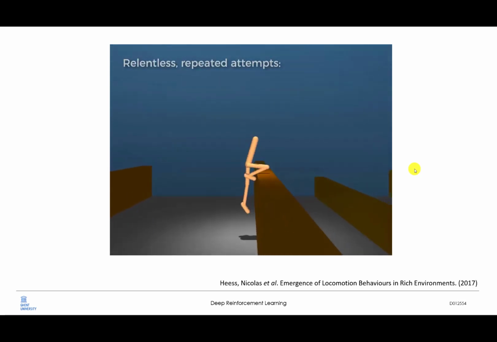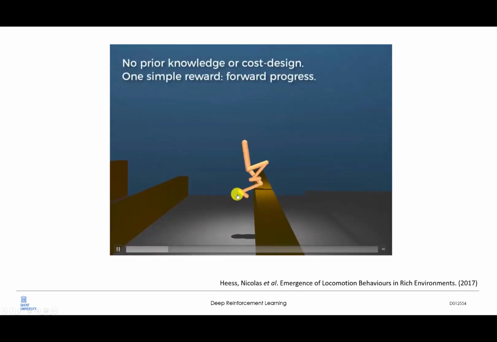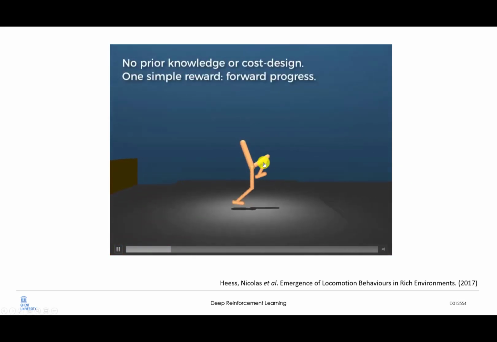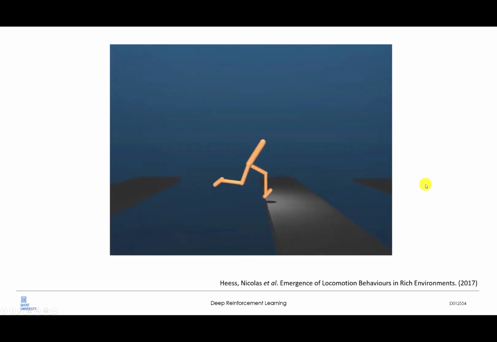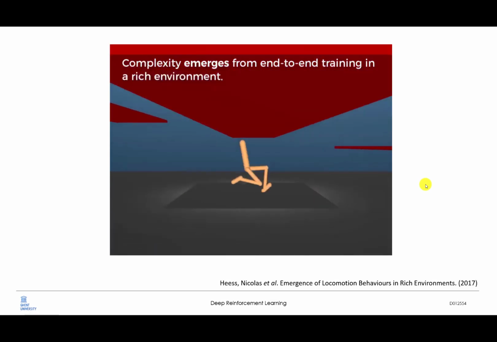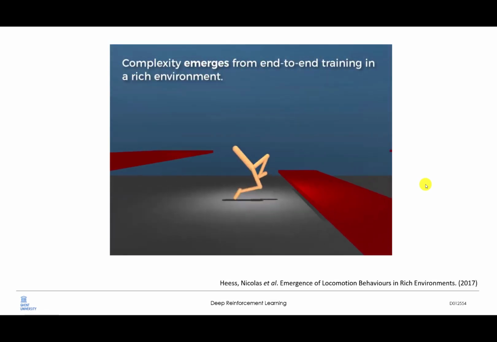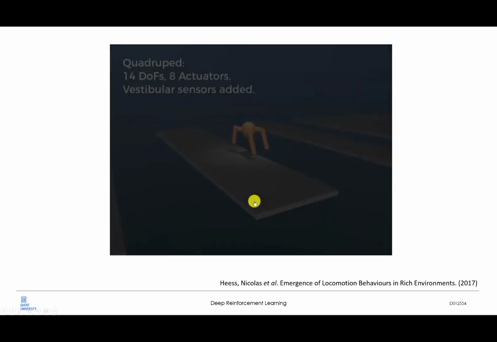If it fails, it will be punished, and so it will learn the actions. The actions are how to actually move these things to walk. And as you can see, after a number of training sessions, these things actually learn to move very accurately, right?